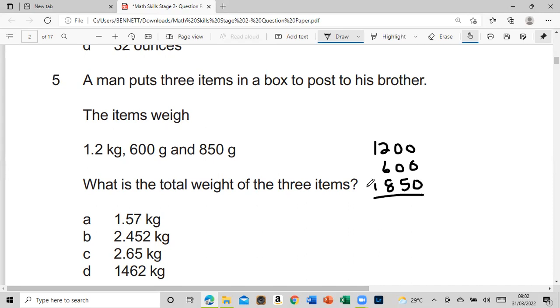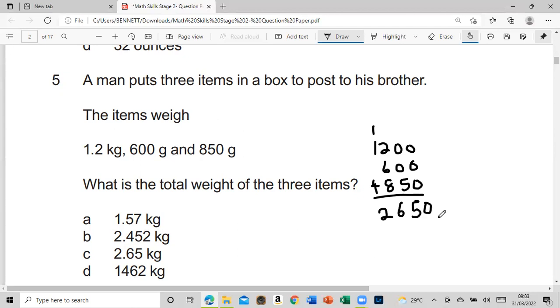This is not necessarily the answer yet, because if you notice, they gave us the unit in kilogram. So it would be 0, 5, 8 and 2 is 10, and 1, 6. Carry the 1.